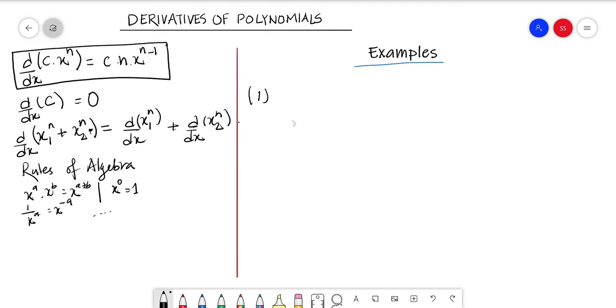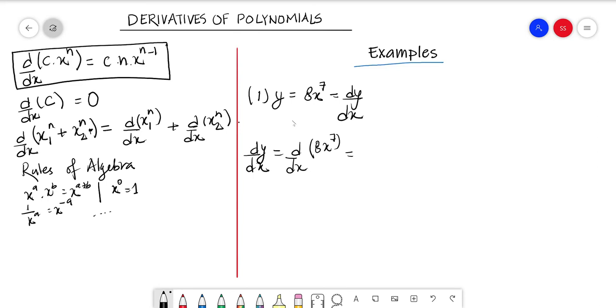Say example number 1, if we have the function y equals 8 times x to the power 7, then you can relate this term to the basic formula here, where 8 would be your constant and 7 would be n. So if you were to perform dy by dx, what would it be? dy by dx would be d of 8x to the power 7 by dx.